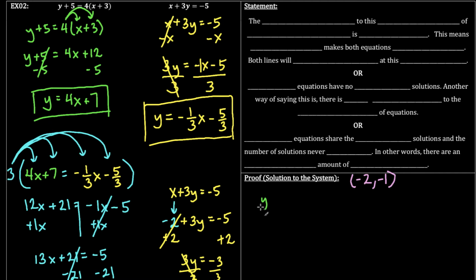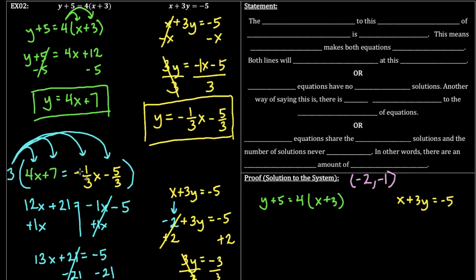So y plus 5 equals 4 times x plus 3 and x plus 3y equals negative 5.